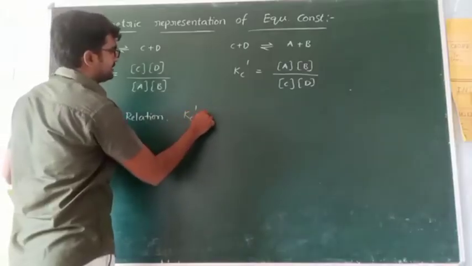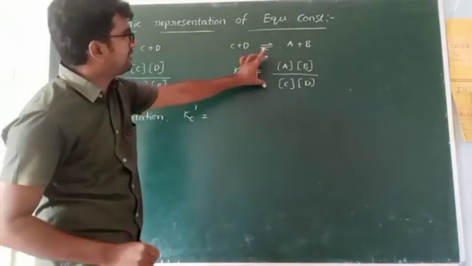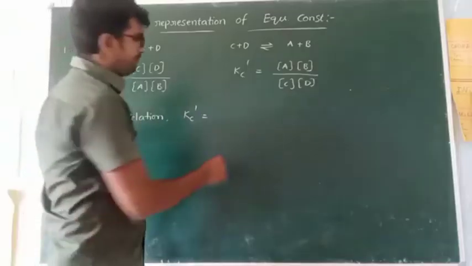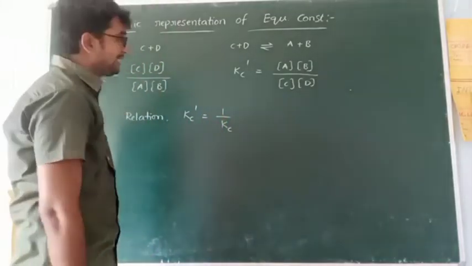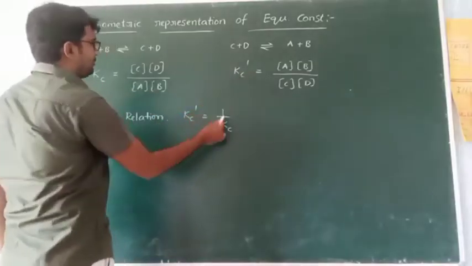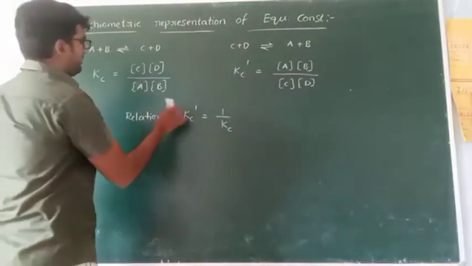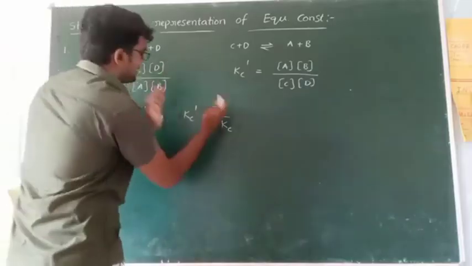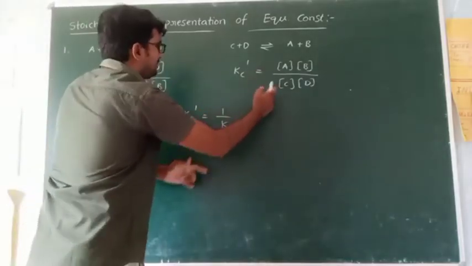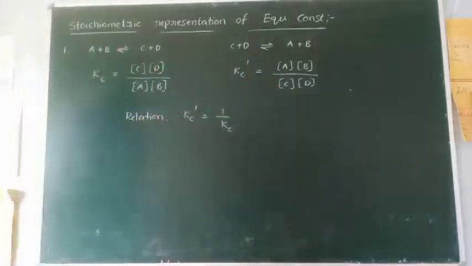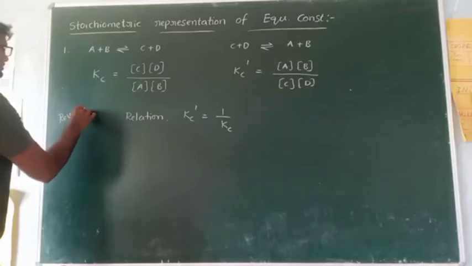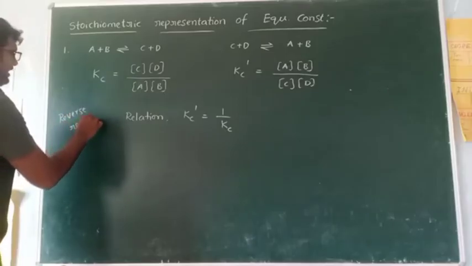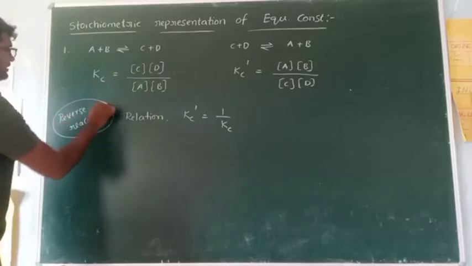Kc dash is equal to the reverse of this one, means 1 by Kc. So Kc dash is equal to 1 by Kc. That is the relation between reverse reactions. Simply, this is for reverse reactions.